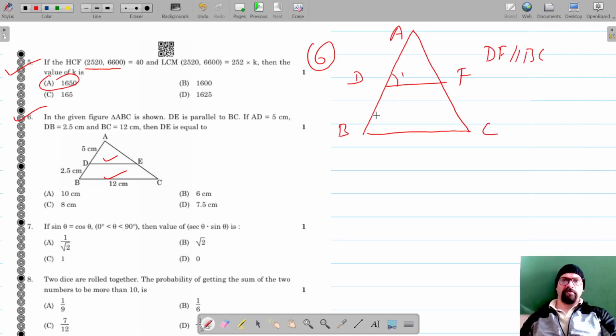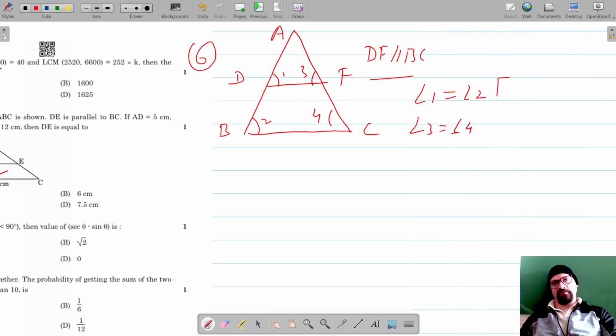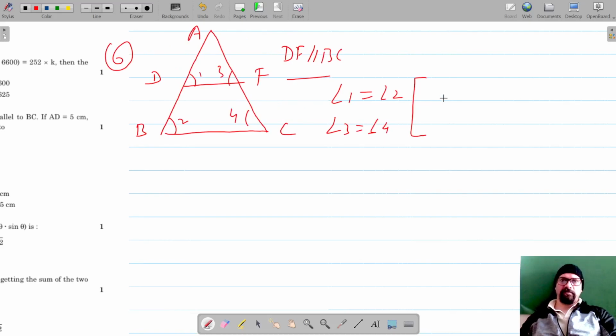So angle 1 and angle 2 are equal because these are corresponding angles. And similarly angle 3 is equal to angle 4, because DE is parallel to BC and these are corresponding angles.